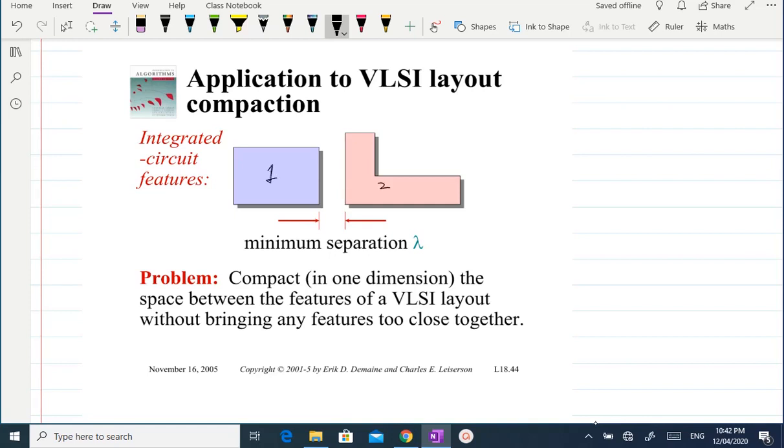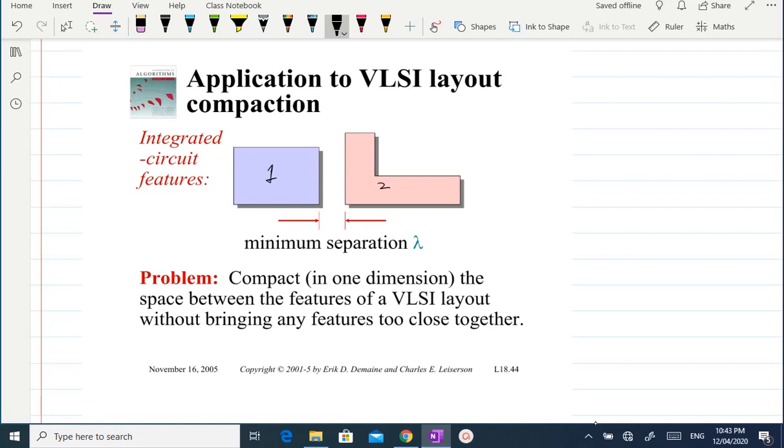Normally whenever we are designing a circuit, we will ensure that there is a minimum separation between these two components because they may interfere, because these are electronic circuits. So at least there should be some kind of a minimum separation between these two, right?